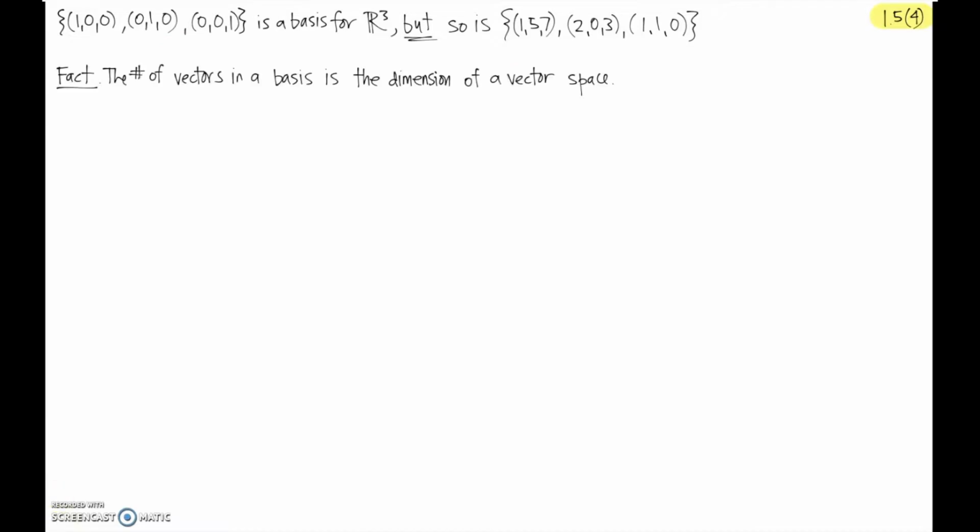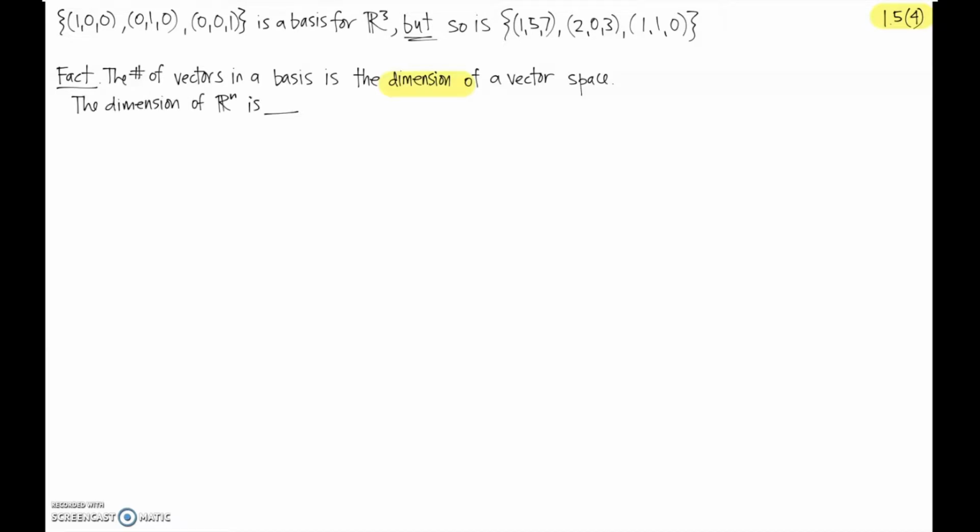And now we're going to introduce a new term that we'll use. The term comes from the fact that the number of vectors in a basis is the dimension of a vector space. So this term dimension is equal to the number of vectors in a vector space's basis.